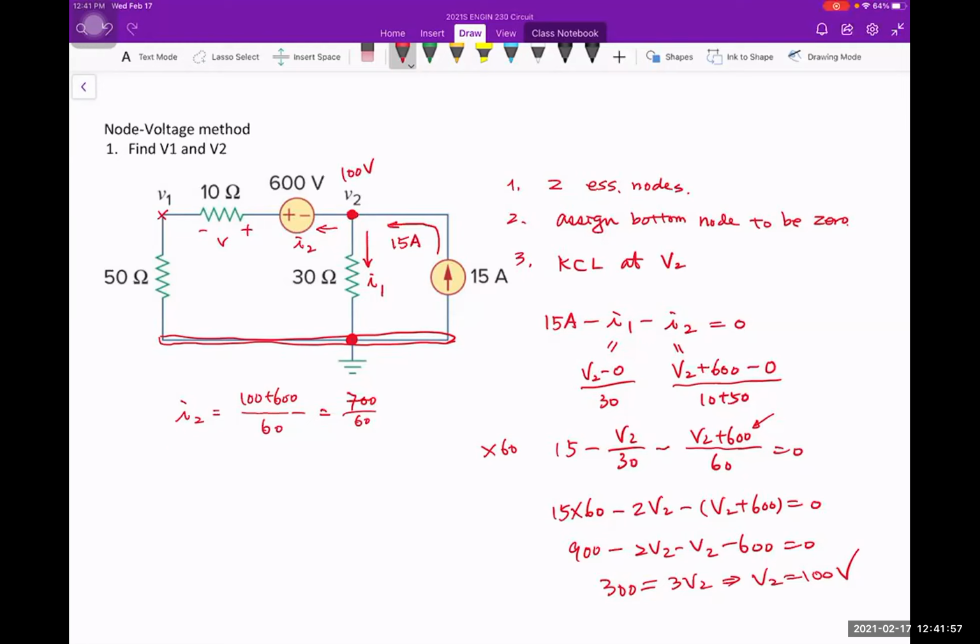You go through this one, you're going to gain 600. So you have V2 plus 600, and you're going to have a drop of the voltage. And how much drop is 10 times the current? And then this one will be equal to your voltage at 1. That's your voltage 1. So then you can find the voltage 1 in this case.